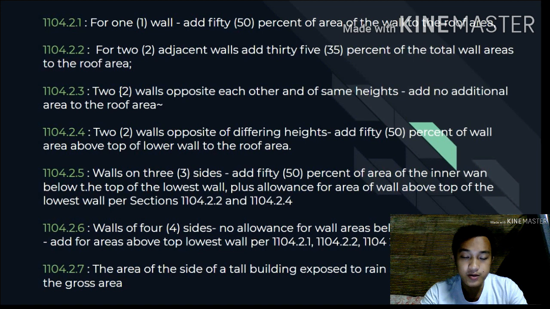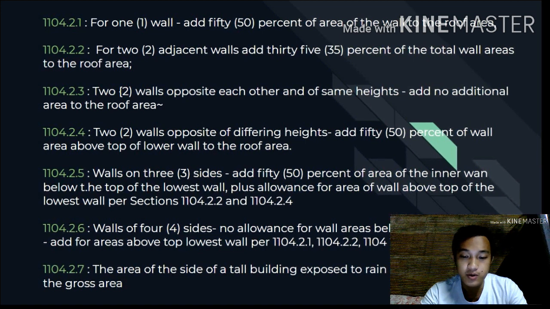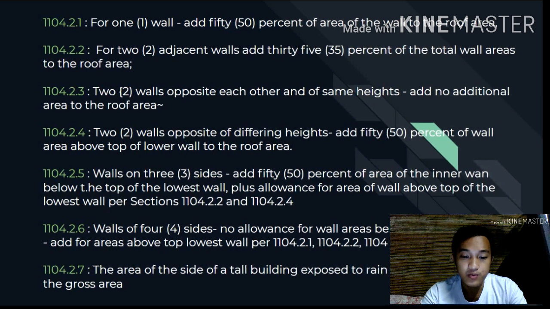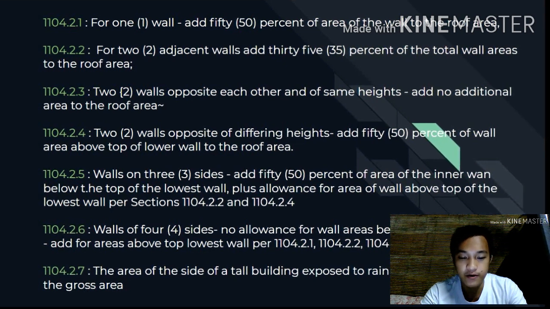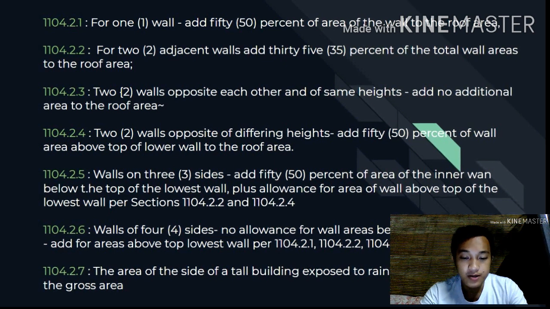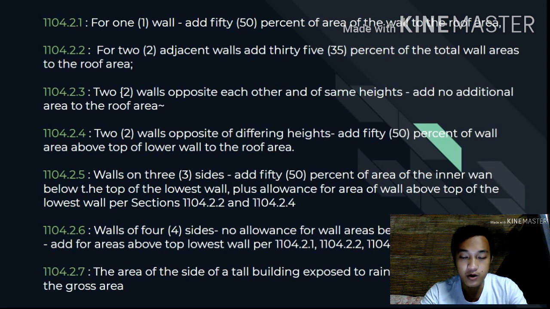Walls on four sides, no allowance for wall areas below the top of the lowest wall. Add for areas above the top of the lowest wall per 1104.2.1, 1104.2.2, 1104.2.4, and 1104.2.5. The area of the side of a tall building exposed to rain is taken as 1/2 of the gross area.